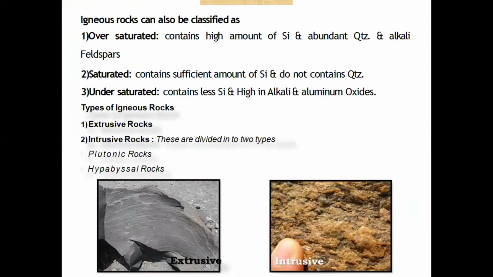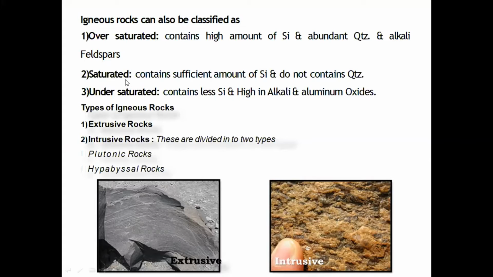Okay. Igneous rocks can also be classified as saturated, and we can say oversaturated rocks. Remember, it is basically the amount of silica. If silica is abundant and a high amount of silica is available there, we call those rocks oversaturated.